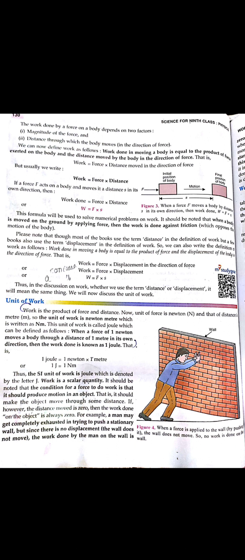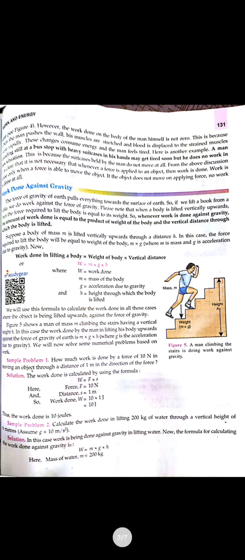So if the body doesn't move, the displacement will be 0. If you put S as 0 in work done equals force into displacement, then F into 0 will be 0. So work done is 0. What we can say is that if a body gets displaced or moves, then only the work is said to be done. And if the body doesn't move, the work is 0. Okay.